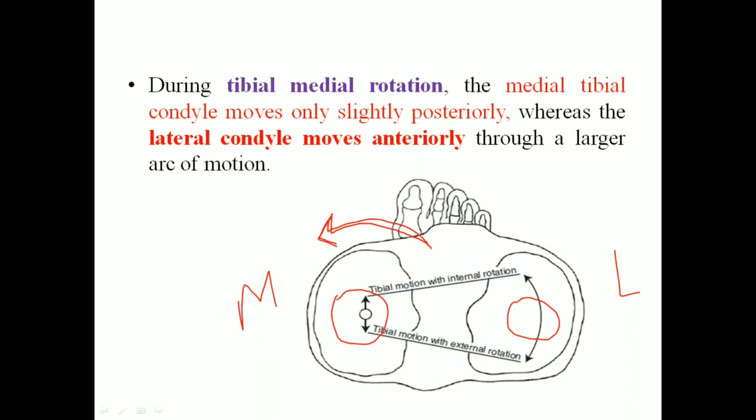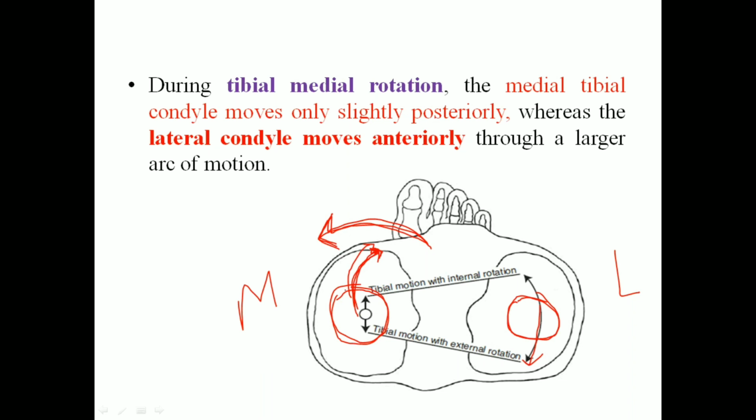So if the tibia goes in medial direction, the femoral condyle comes in lateral rotation. When the femoral condyle is coming in lateral rotation, it means this medial condyle of the femur is moving anteriorly and this lateral condyle of the femur is moving posteriorly. So the meniscus is supposed to move in the same direction in which the condyles of the femur are moving.